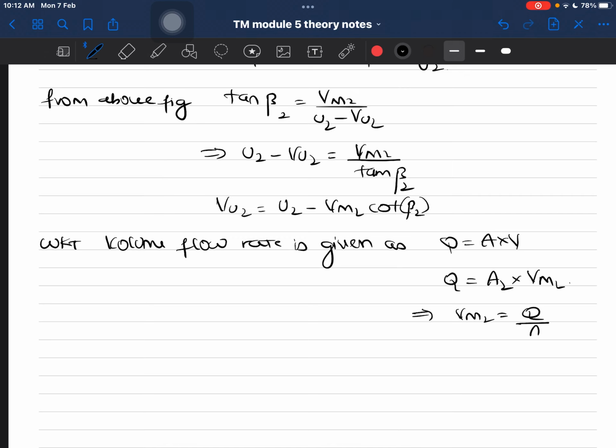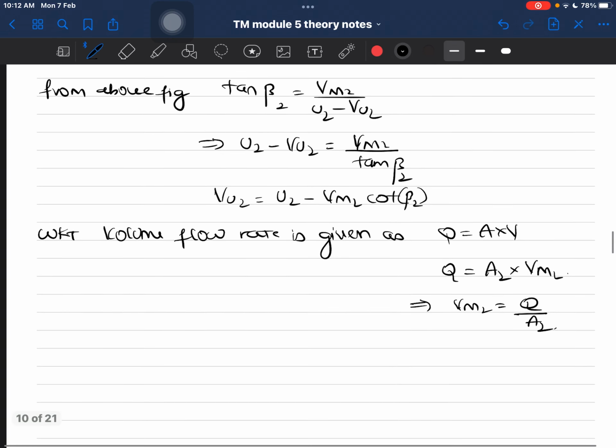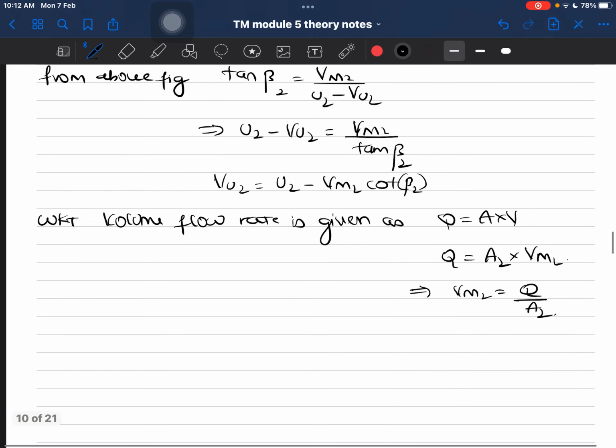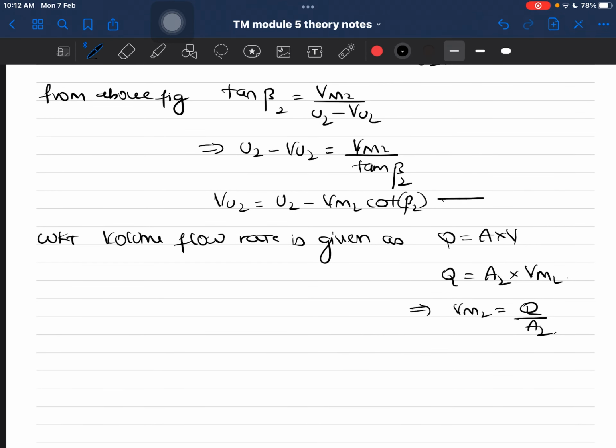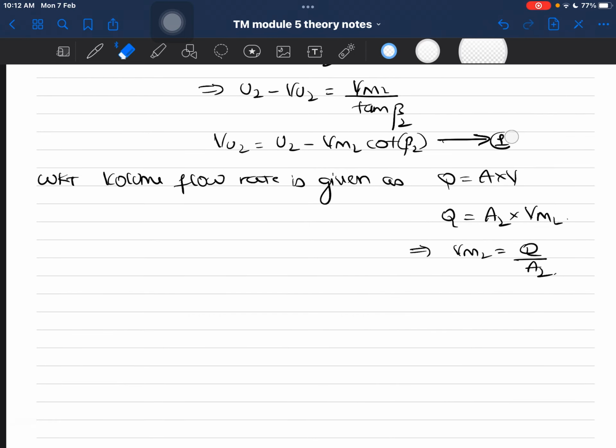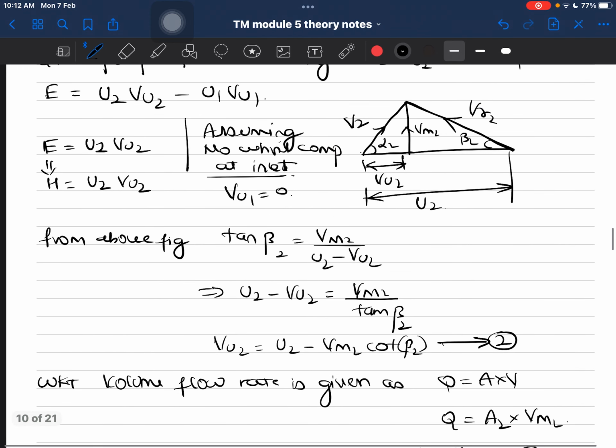Q divided by A2. Now, you have the value of Vm2 and you have the value of Vu2. Let us try to incorporate these two in that particular equation. So, taking this as equation 1. Now, I will take this as equation 2 rather. The above one I will be taking as 1, which is this one.